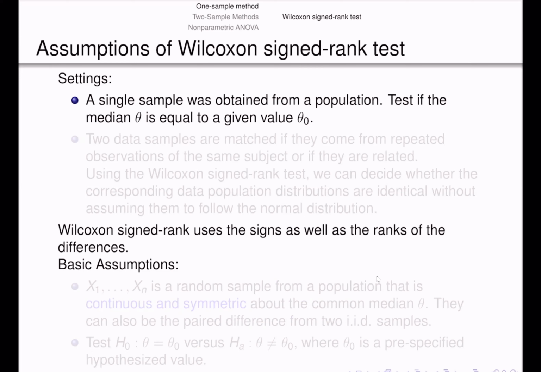Let's say the value we are interested in is theta 0, and the median is theta. We want to know whether theta and theta 0 are equal, or whether theta is greater than theta 0 or theta is not equal to theta 0. So that's the one-sample setting. We simply look at whether the median is equal to a given value or not.